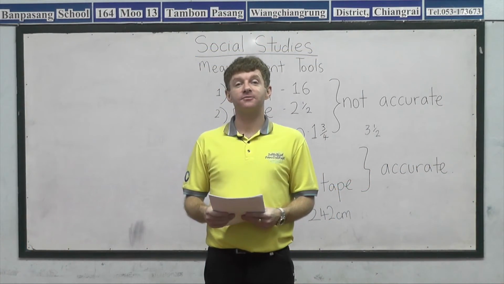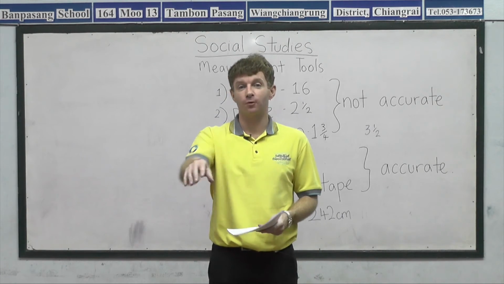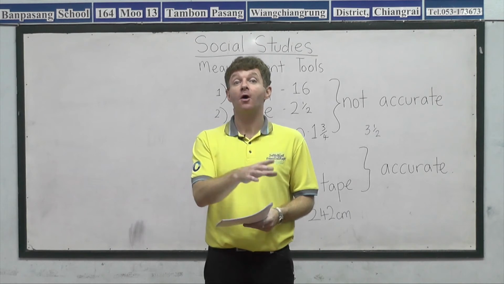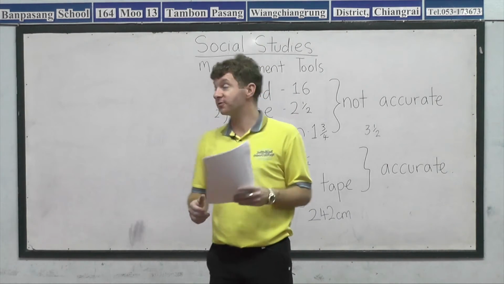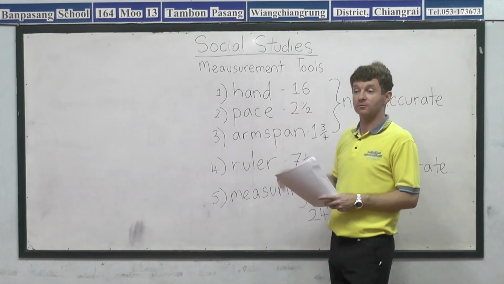Welcome back to class. We hope your students enjoyed the worksheet activity and had fun working out the distance using various measurement tools of their desks. So one more time today, guys, we've learnt about measurement tools.